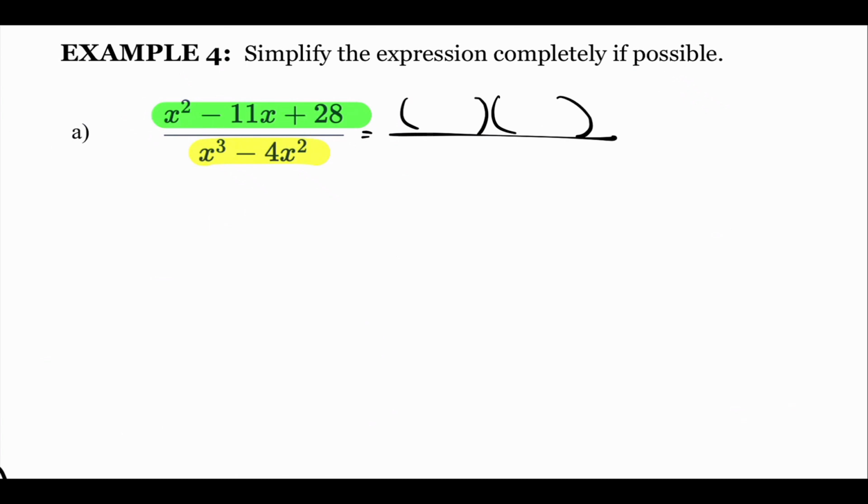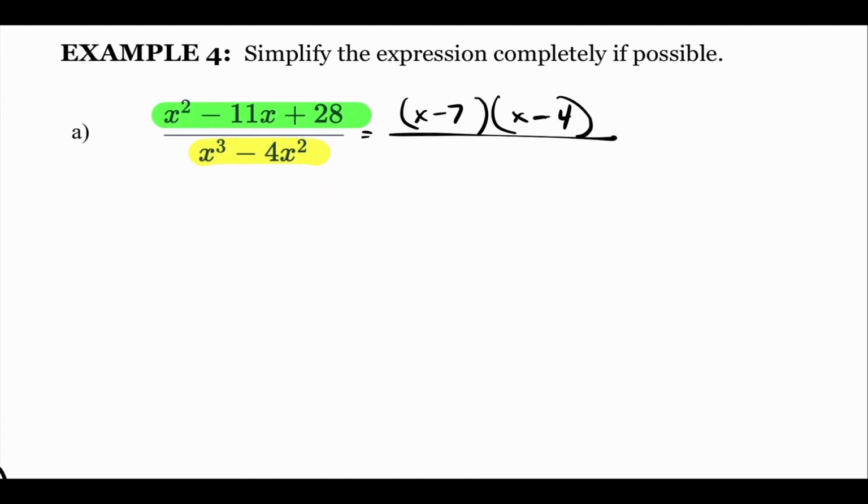Okay, so when you factor the top, what do you get? I think you get x minus 7 and x minus 4. The bottom is a binomial, so we have binomial steps. It has fewer steps, right? For a binomial, the first thing you've got to do is GCF.